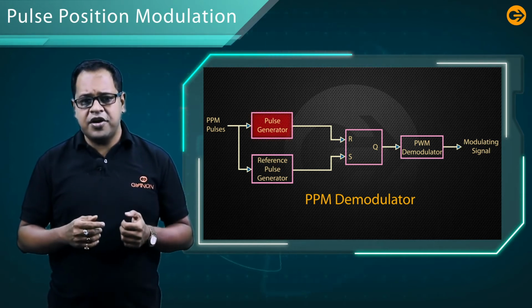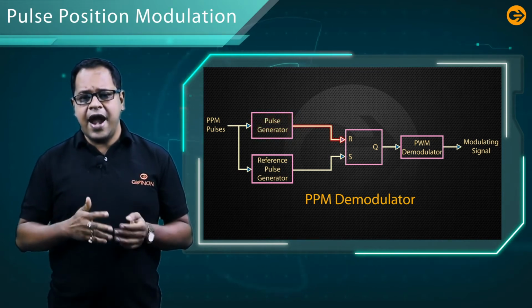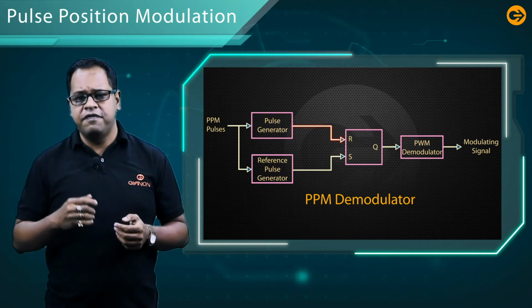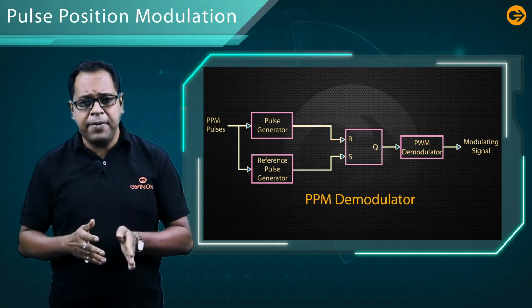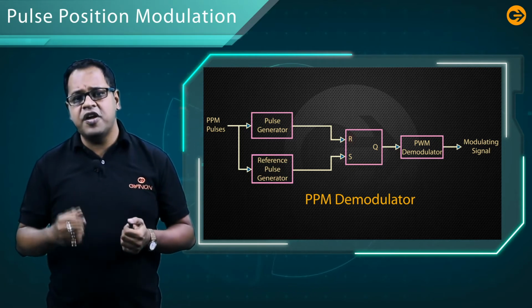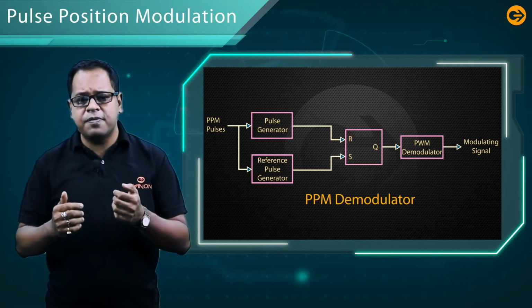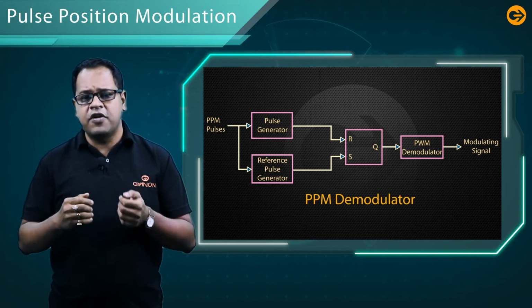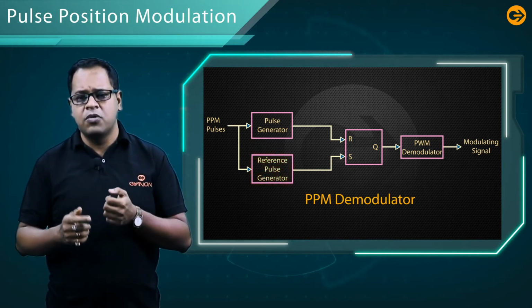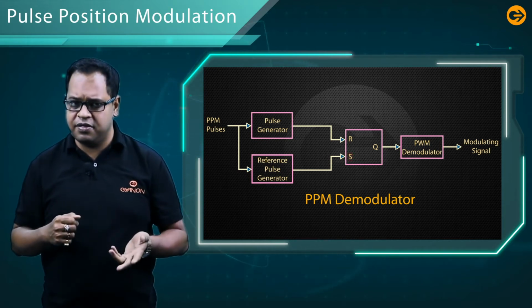The pulse generator develops a pulse waveform of fixed duration at its output and applies these pulses to the reset pin R of a set reset or SR flip-flop. A fixed period of reference pulses is generated from the incoming PPM waveform and the SR flip-flop is set by the reference pulses.